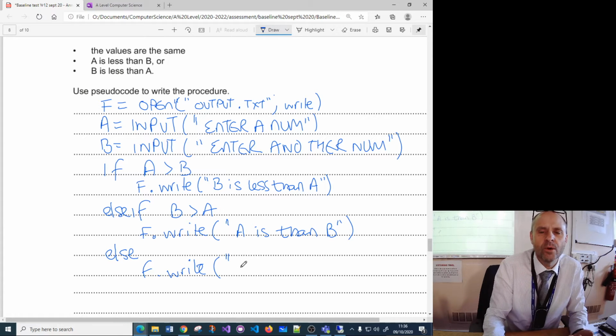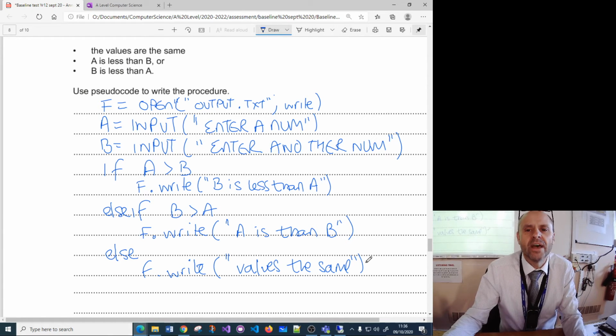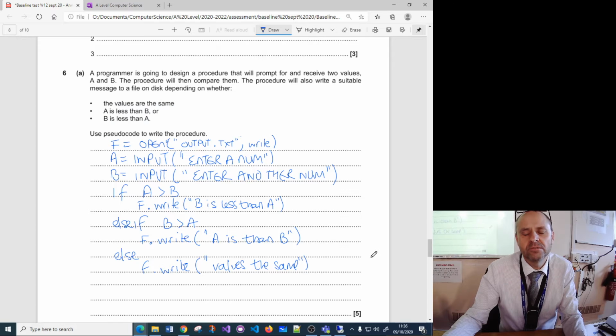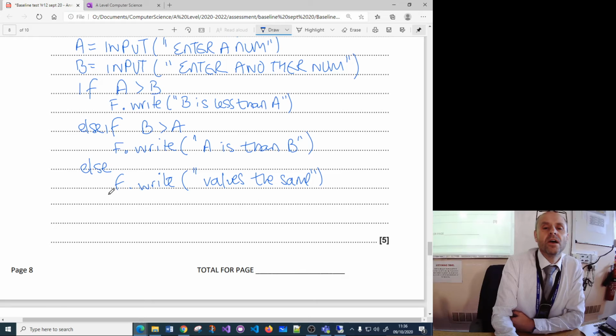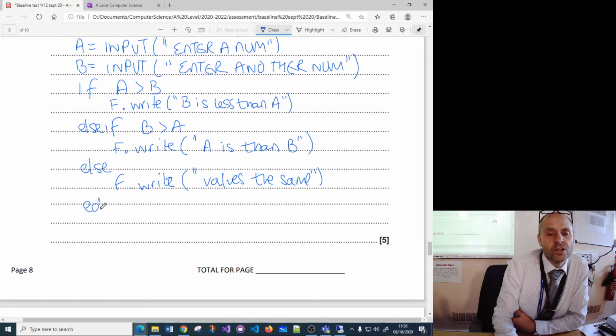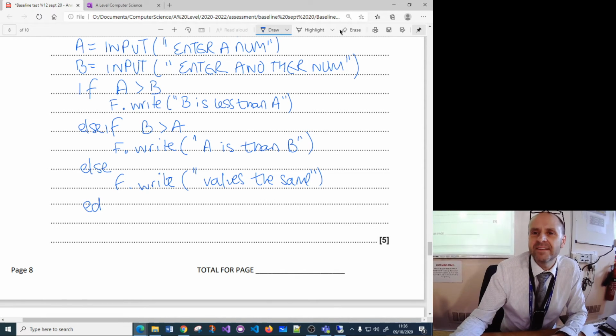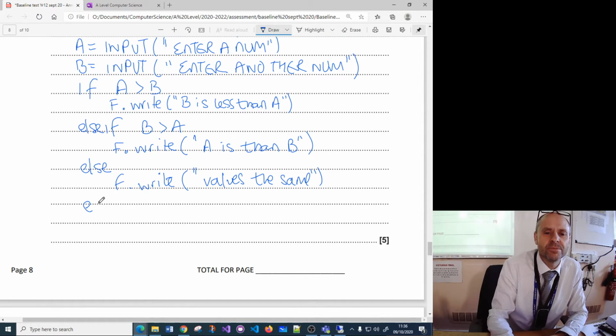Does anyone know how we get the final mark? Close the file. Excellent. Yeah, whenever you do a file opening, at the end, I just need to make sure that I close that file.